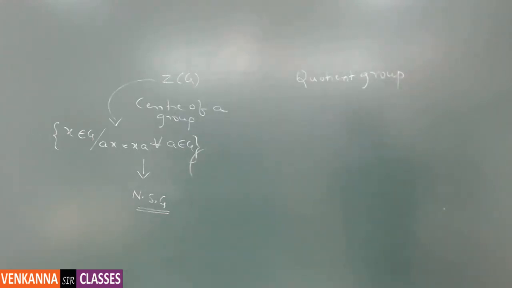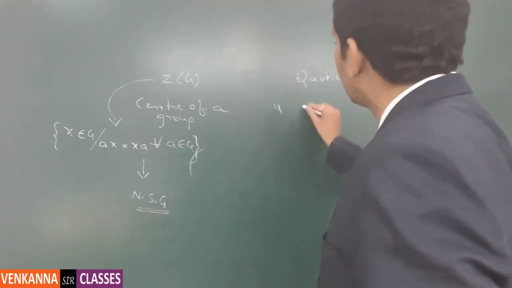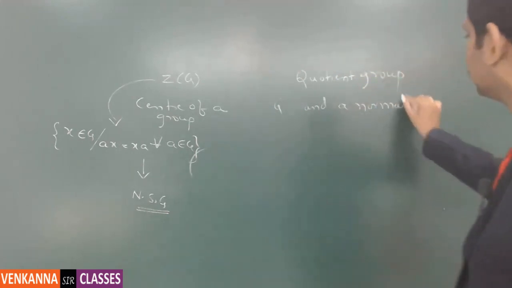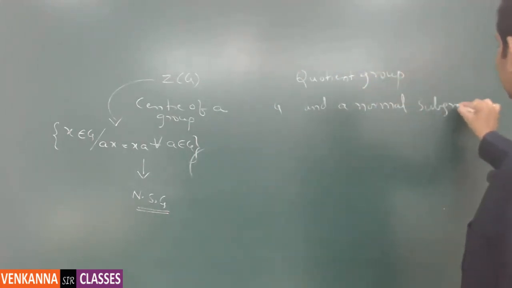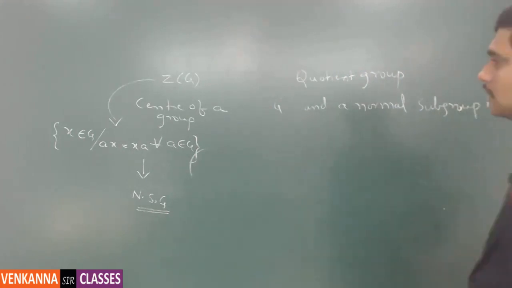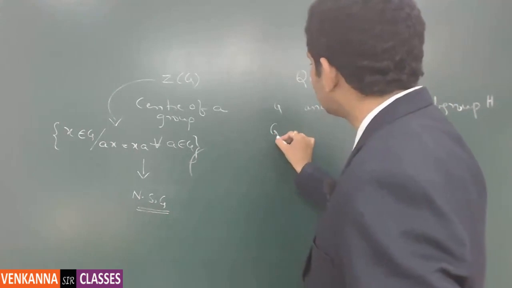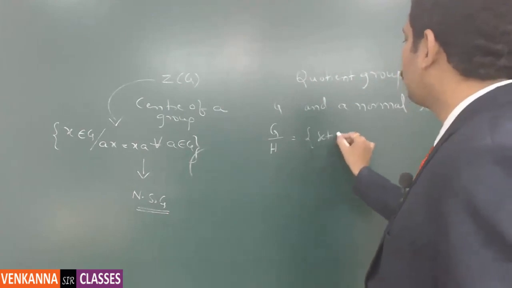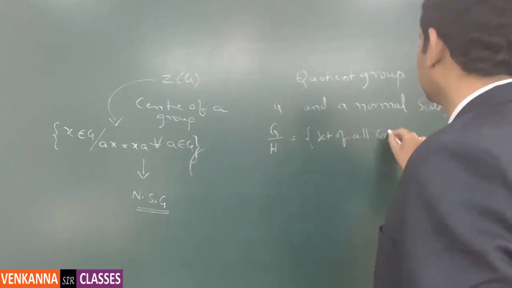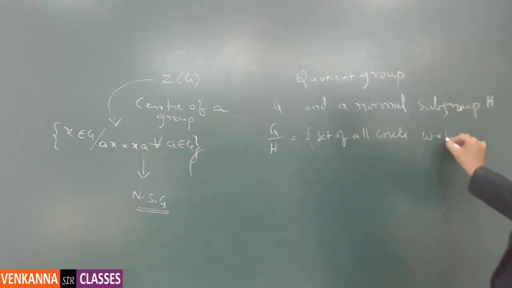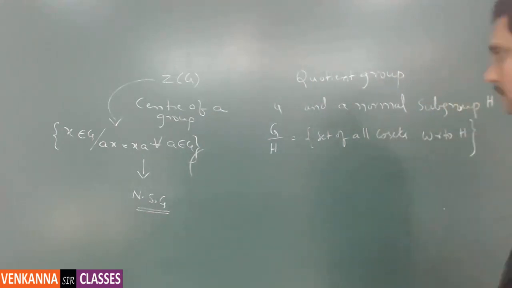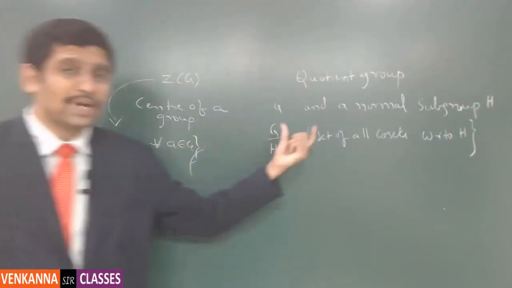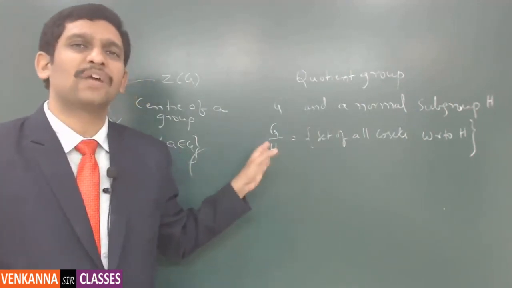You take a group G and a normal subgroup H. So we define the quotient group G by H as the set of all cosets with respect to H. If you consider them into one set, it will become a group.